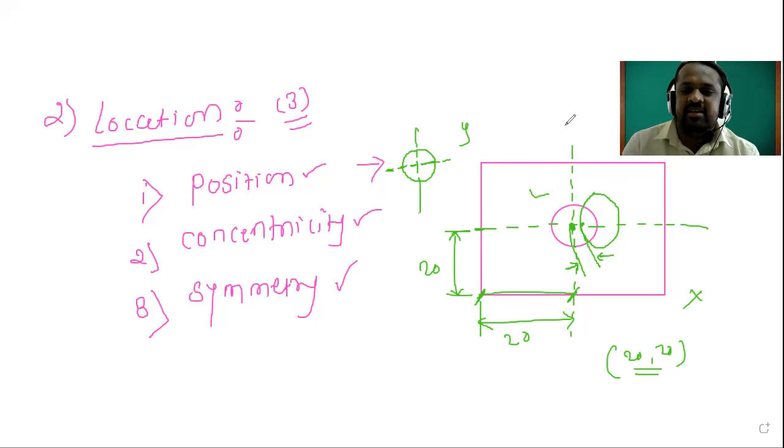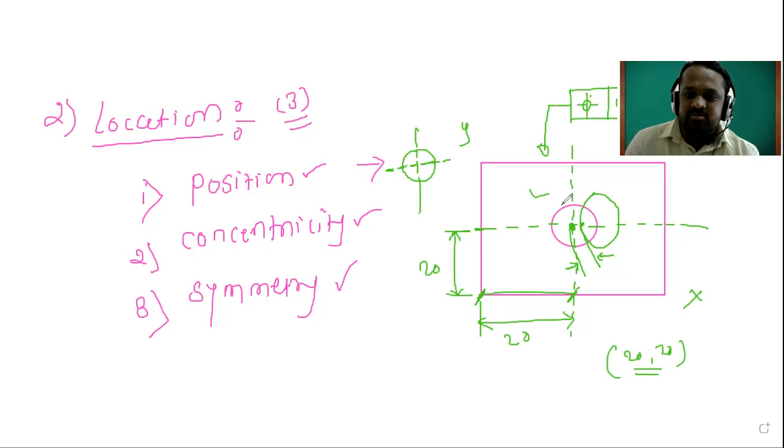Suppose here they have written like this. Then tell me the meaning of this. The position of that hole should be within 0.02 tolerance.